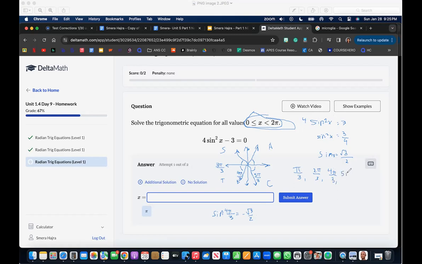Just to show you briefly what that means, take the original equation, 4 sine squared, and stick 4 pi/3 in there, and let's see what will happen.